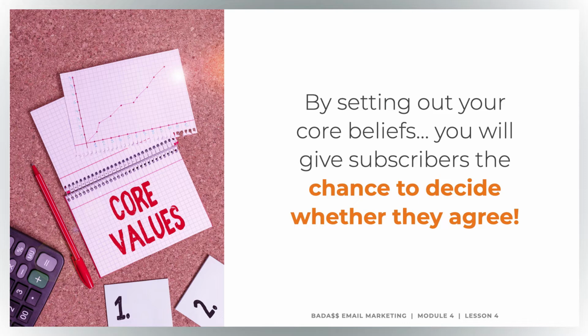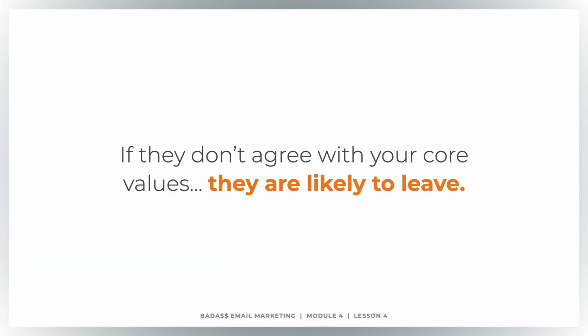If they're not going to like the more cowbell thing, they might as well know now and make that decision today. So if they don't agree with your core values, chances are they're going to leave. And that's okay too. People who don't agree with our approach, with the things that we believe to be true, should not be in our world. There's nothing wrong with that.